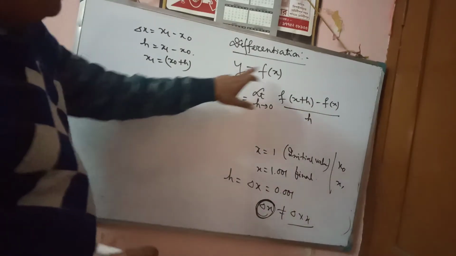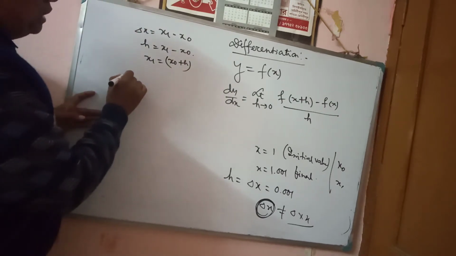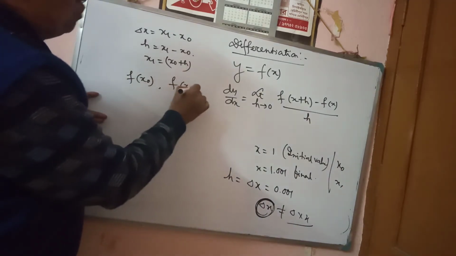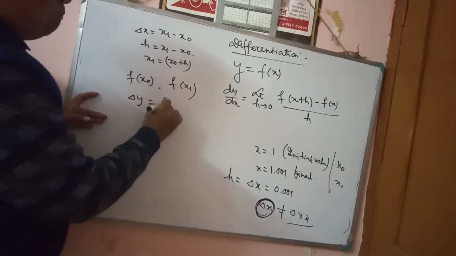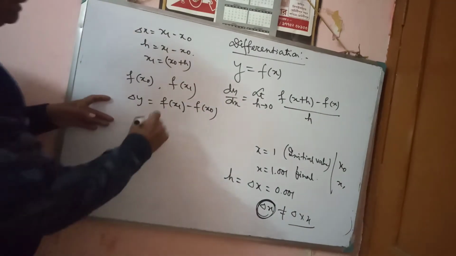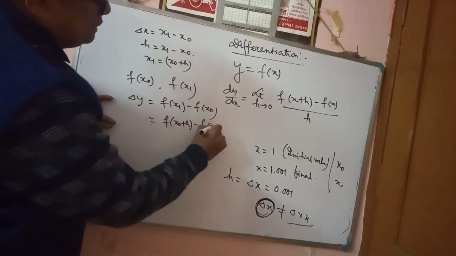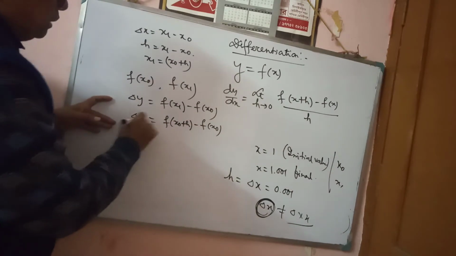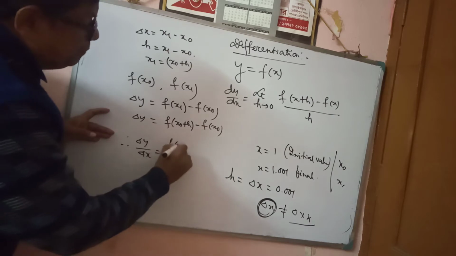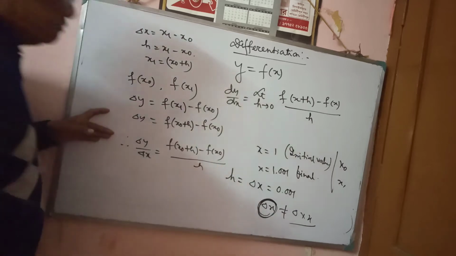Now y is a function of x, so the initial value of y is f of x0 and the final value is f of x1. Delta y equals f of x1 minus f of x0, which can be written as f of x0 plus h minus f of x0. So delta y by delta x equals f of x0 plus h minus f of x0, divided by h.